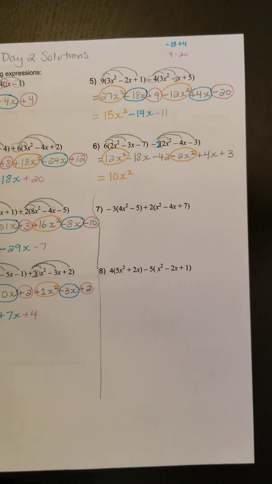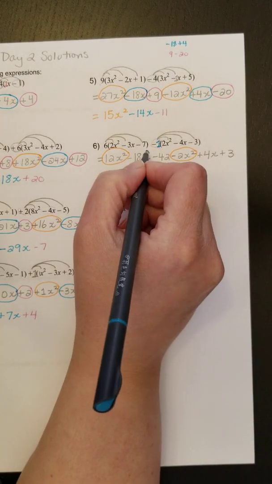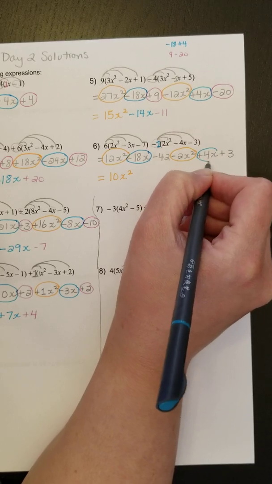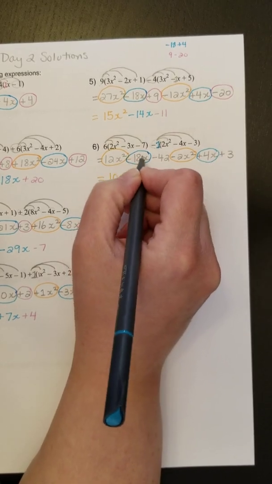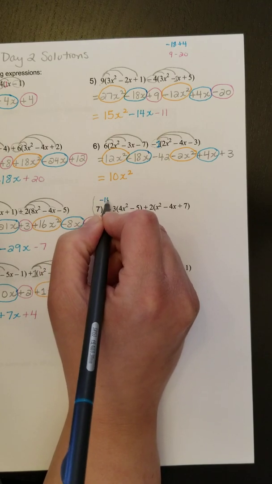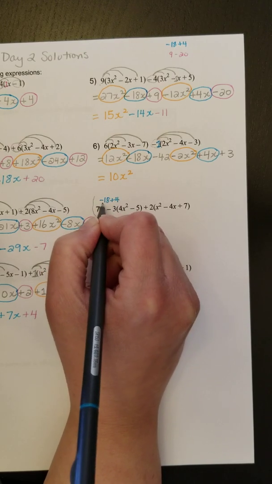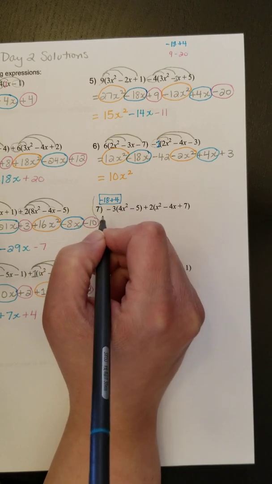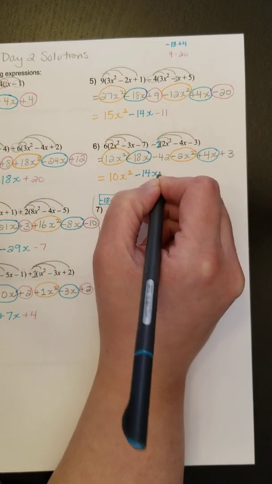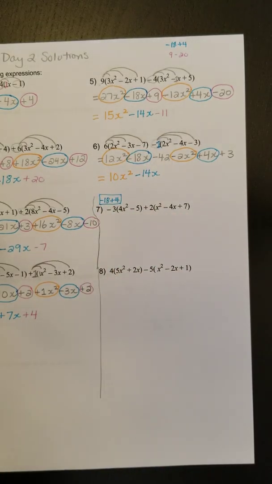The next terms are my x's. I've got negative 18x's plus 4x's. In your calculator, I don't really have room here to write this out, but you would type in negative 18 plus 4. That's what you would put in your calculator, and that would give you negative 14x, just like the last one.